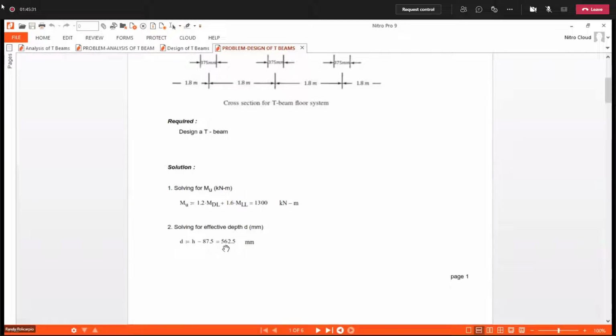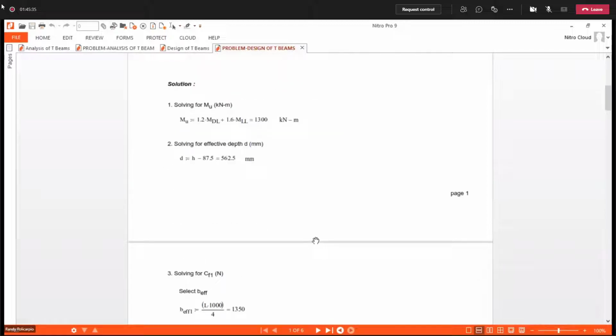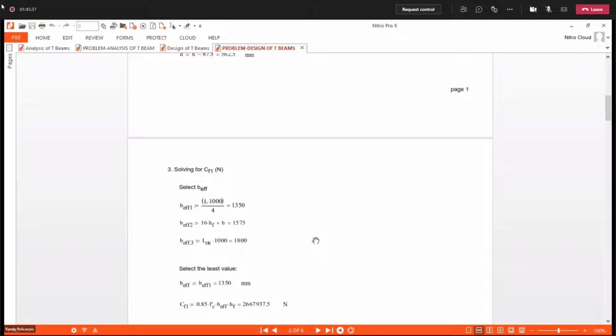Now, the assumption is that we will have a 2-layer of bar. Kaya ito yung effective depth natin, assumption. Okay, so we will select now what will be our effective width for our flange. So that is for our T-beam.